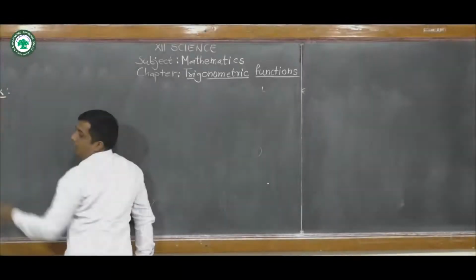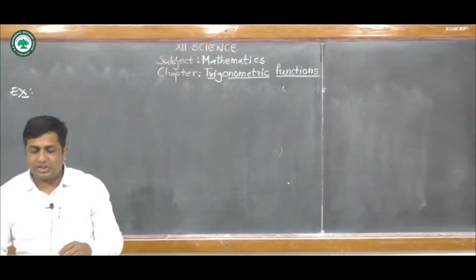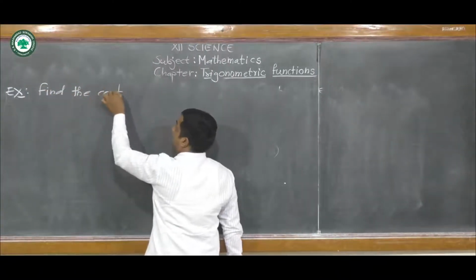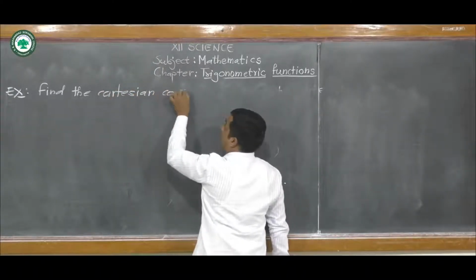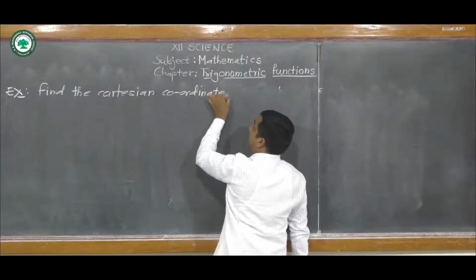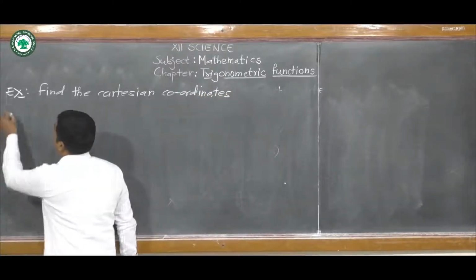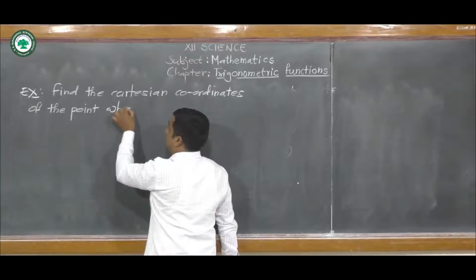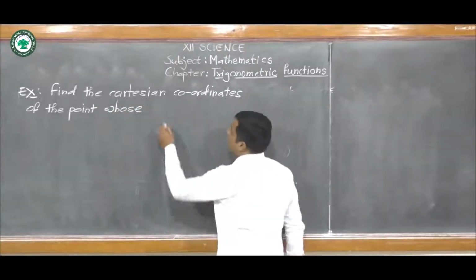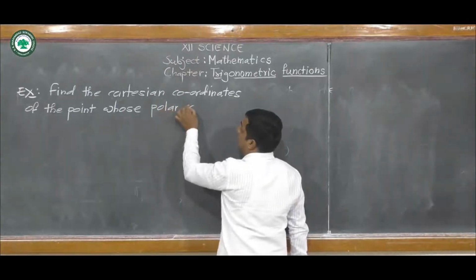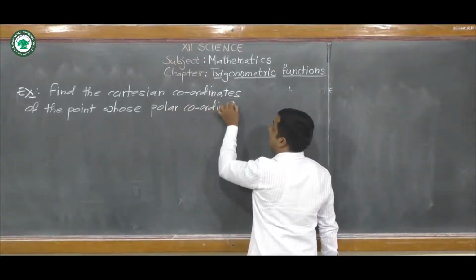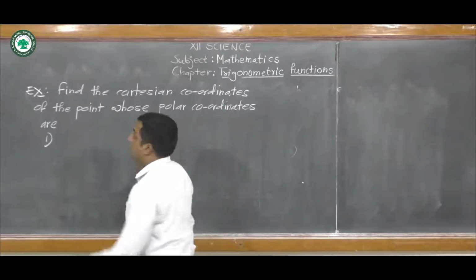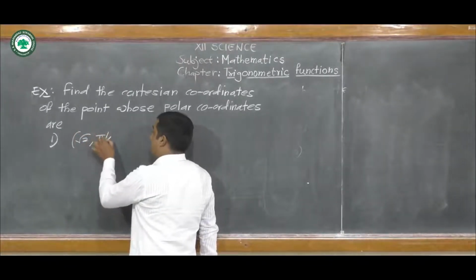Example. Here given, find the Cartesian coordinates of the point whose polar coordinates are, here in first given, root 2, pi by 4.